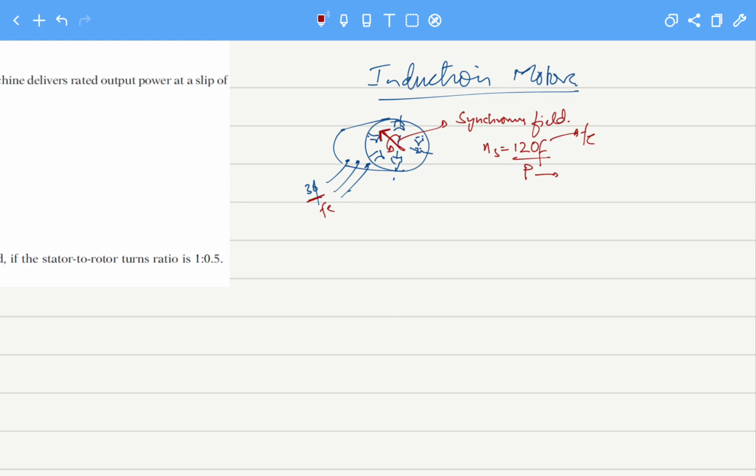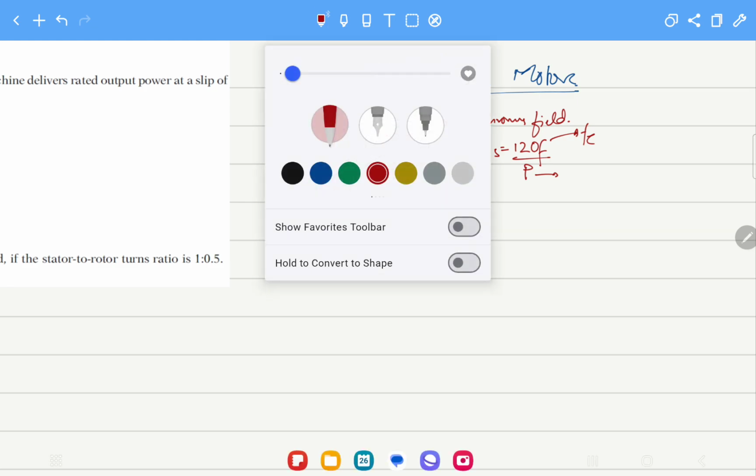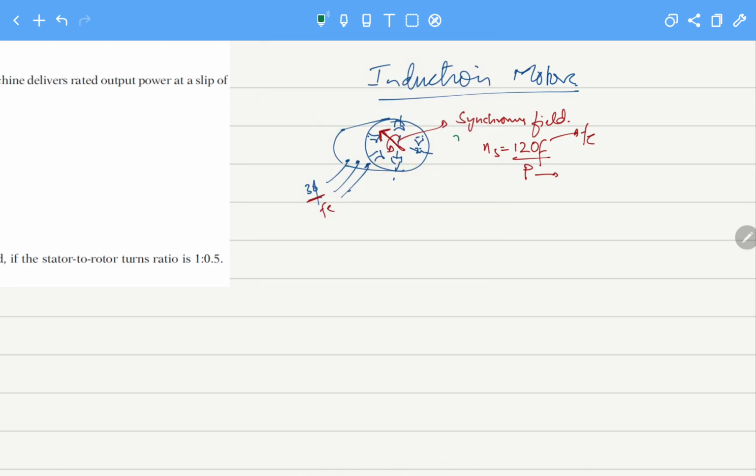Now when we insert a rotor inside the stator of our induction motor, this synchronous field cuts the rotor and induces voltage in the rotor bars. This is actually the winding of the rotor.